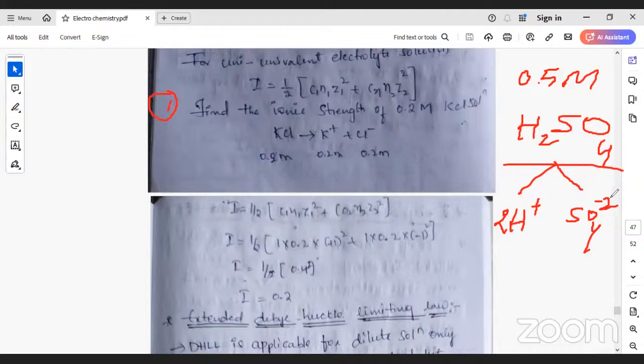Now find out the ionic strength of 0.5 molar H2SO4. Apply the equation and find out the ionic strength of this solution.